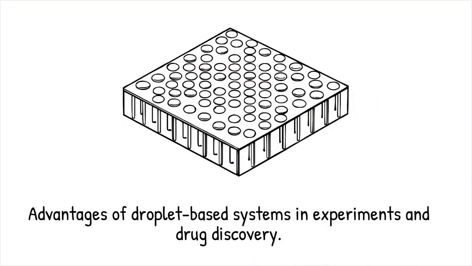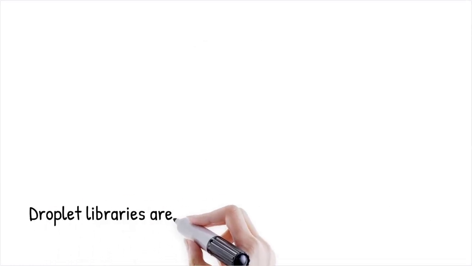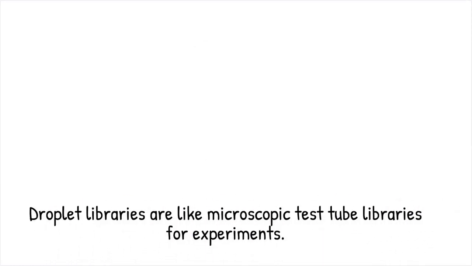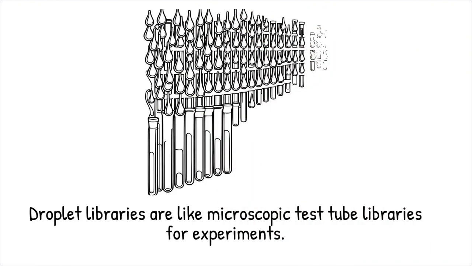Each droplet is isolated, preventing cross-contamination, making them ideal for controlled biochemical reactions. In drug discovery, droplet libraries allow thousands of compounds to be tested simultaneously in a single microfluidic chip. It's like a library of test tubes shrunk down to microscopic droplets, each carrying a different experiment.